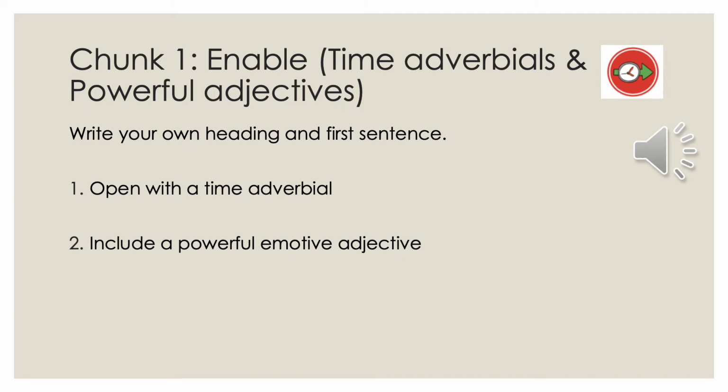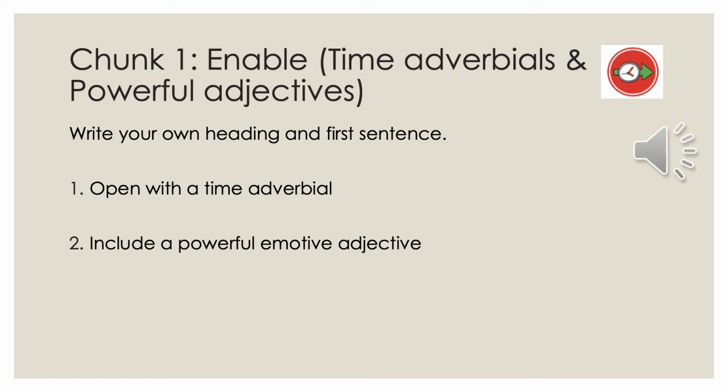So we've had our initiate stage where we built up our ideas. I have then modelled to you how to write this section. Now you are going to enable, and you are going to write your own sentence using time adverbials and powerful adjectives. So the first thing you need to do is write your heading. The second thing you need to do is write the first sentence of your introduction.